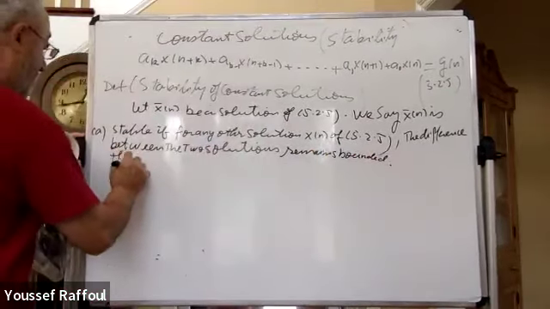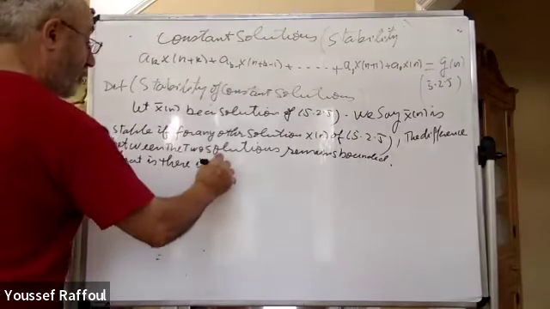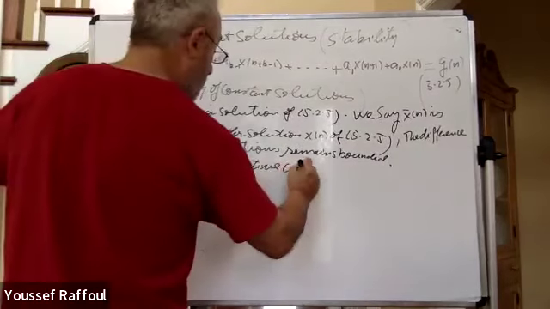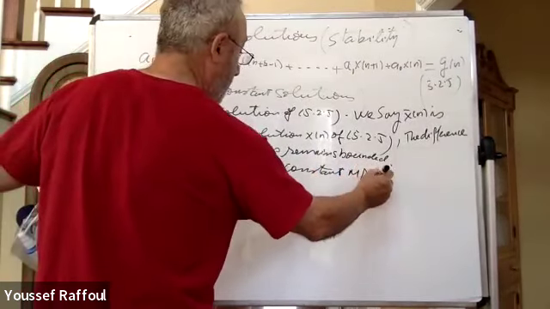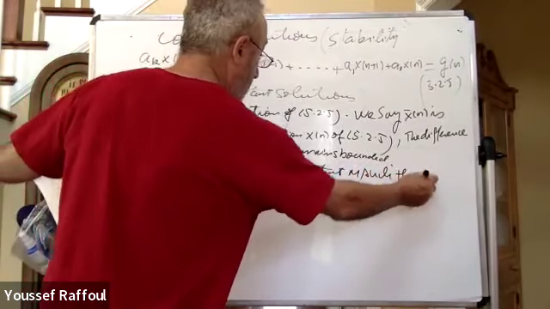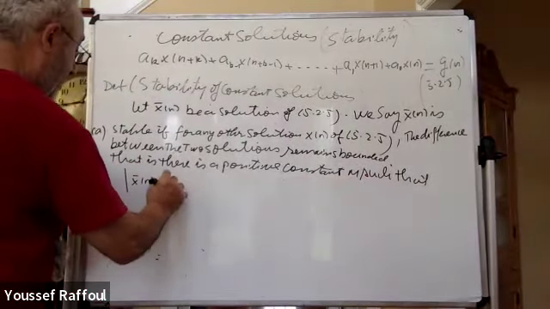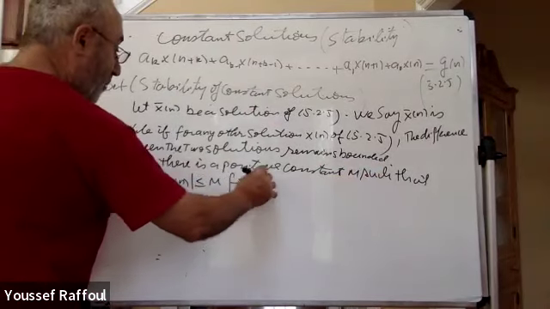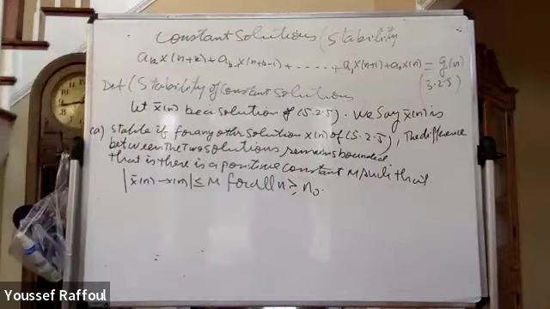That is, there is a positive constant m such that |x*_n - x_n| is less than or equal to m for all n bigger or equal to n0. Okay?